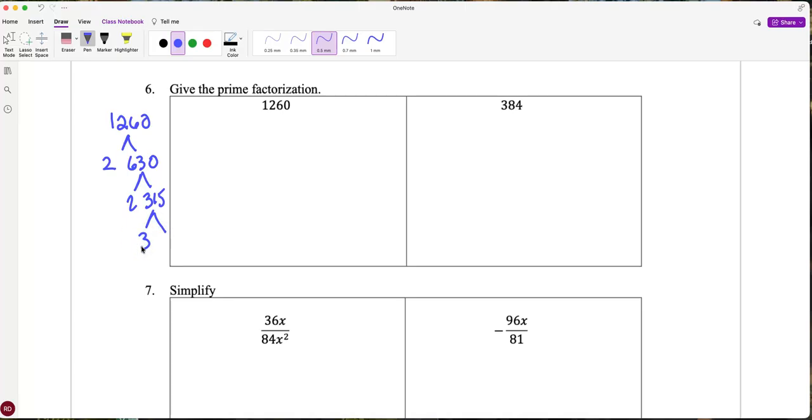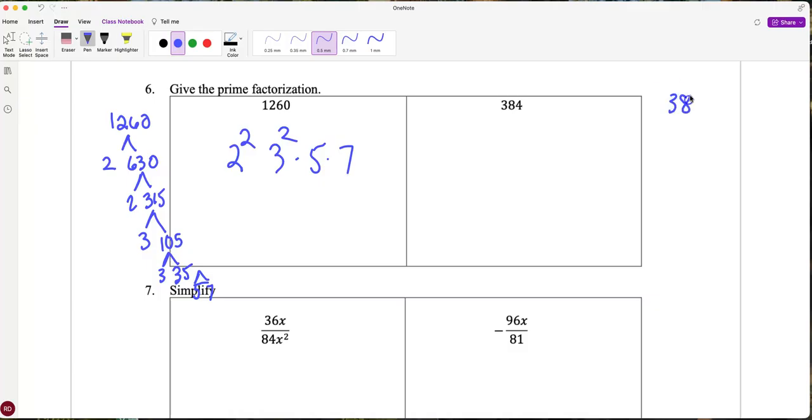So that's 3 times 105. That number is 3 times 35, which is 5 times 7. So my prime factorization is 2 squared, 3 squared, times 5 times 7.